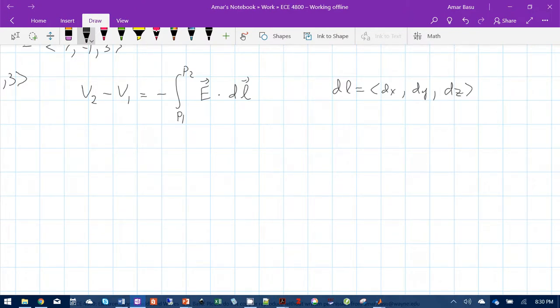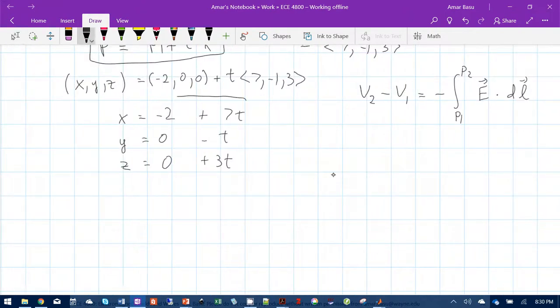And now we have to substitute values for dx, dy, dz based on what line we're on. So these equations define what line we're on. So what is dx going to be? Close.